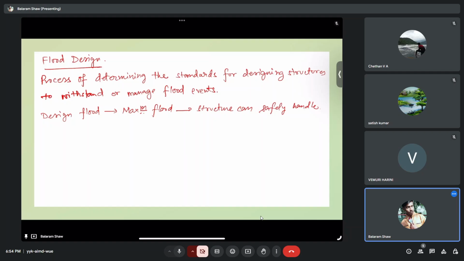There are several guidelines also: CWC guidelines, then IS codes, Indian Standard Codes, International Codes, and so on. So, what are the procedures to select the flood magnitude? The most commonly used is the standard project flood.